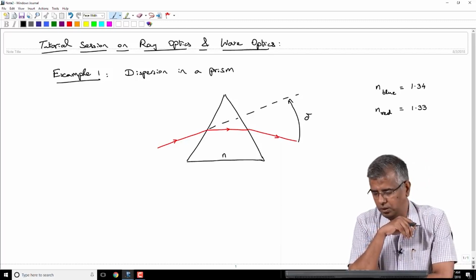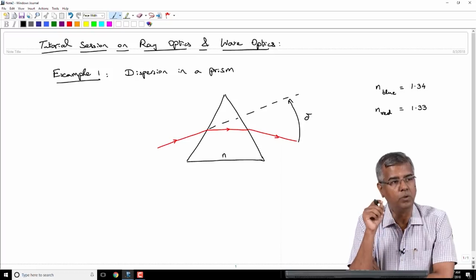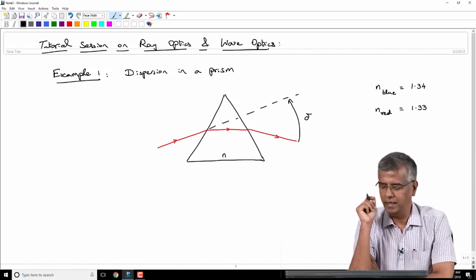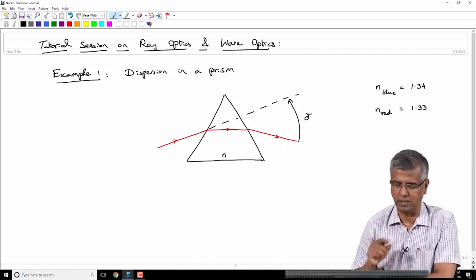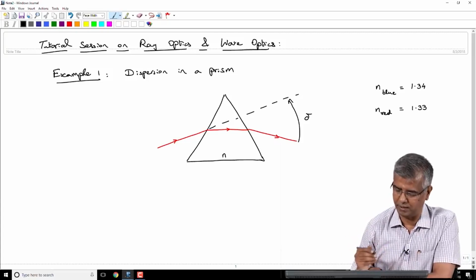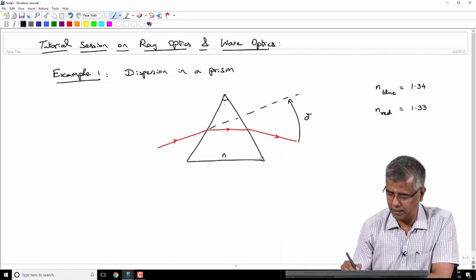If we have this situation, can we find out delta, that is the angular deviation, as a function of these two colors? Can we see if those two colors separate out? How much do they separate out? To do that, of course, we do need some parameters.